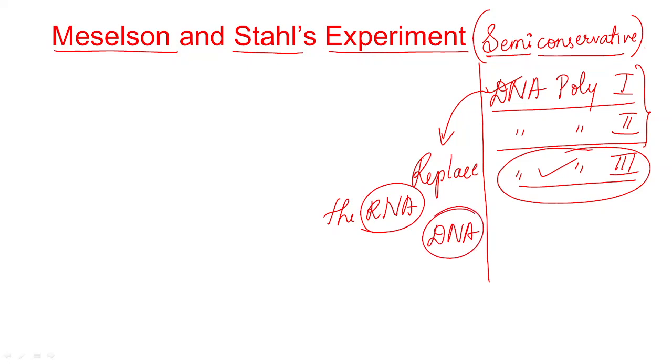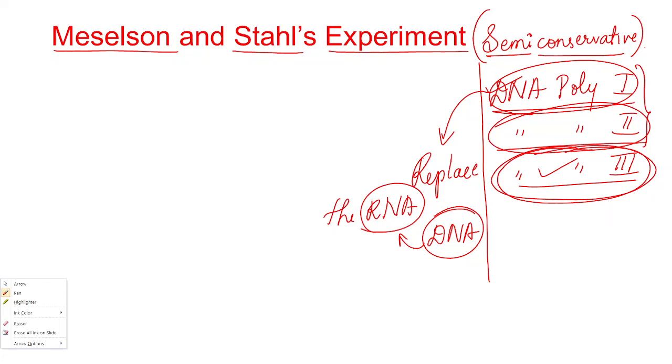RNA primers are replaced by DNA nitrogenous bases with the help of DNA polymerase 1. DNA polymerase 2 helps for proofreading. And polymerase 3 is the actual enzyme that helps for the purpose of polymerization.